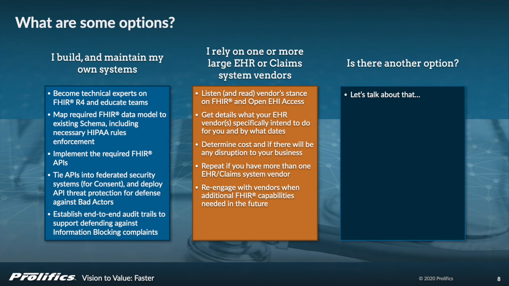So now let's talk about some options regarding deploying this type of functionality to become compliant with these mandates. Regardless of whether you're a payer or a provider, you're pretty much going to fall into one of two buckets.